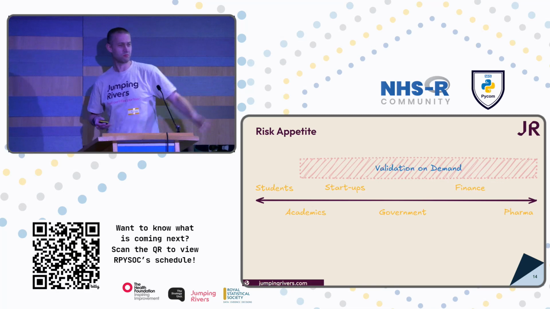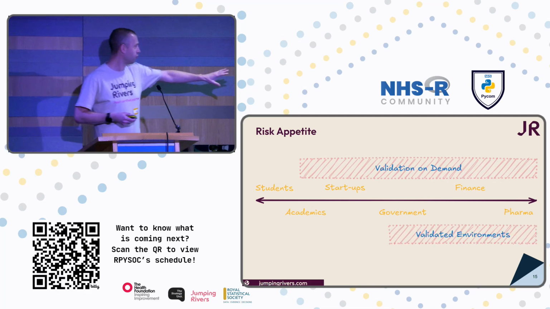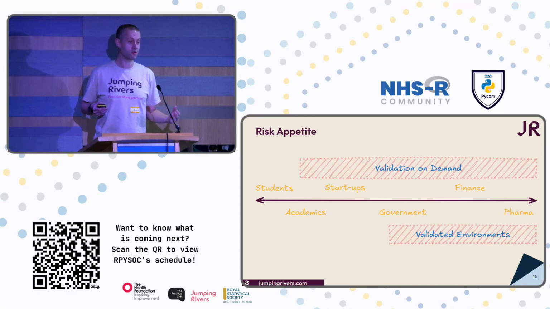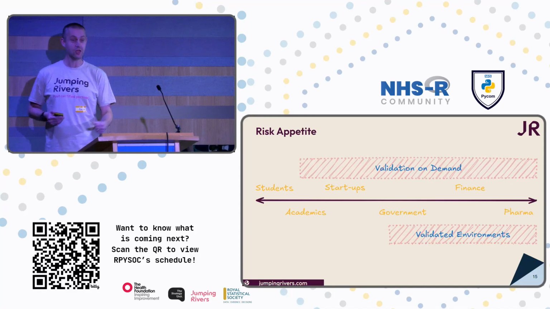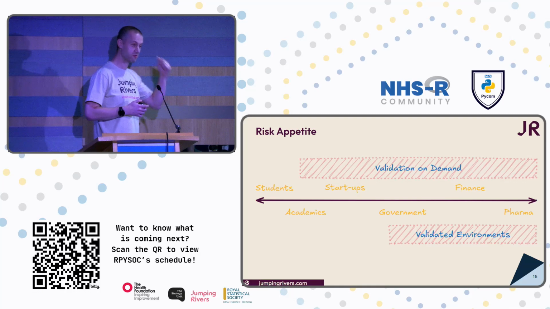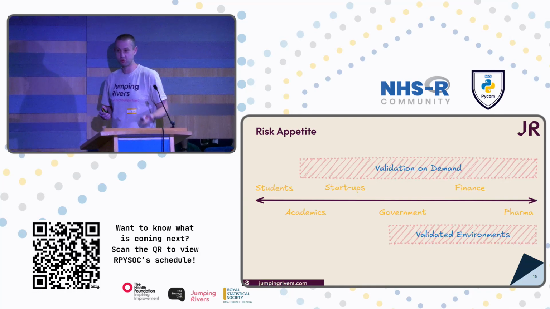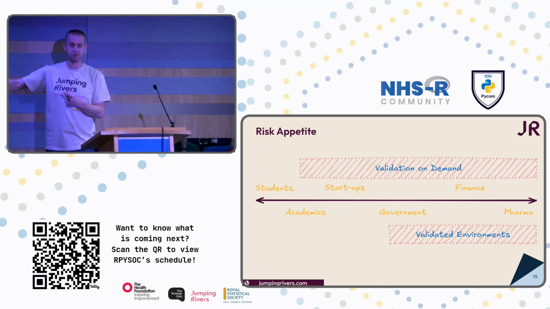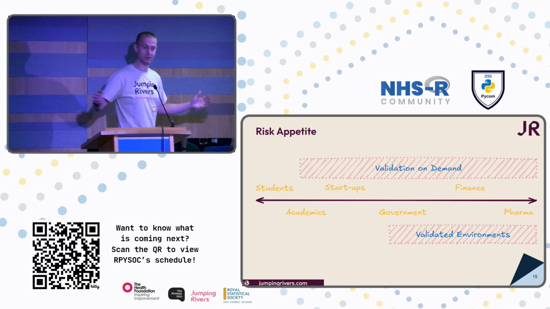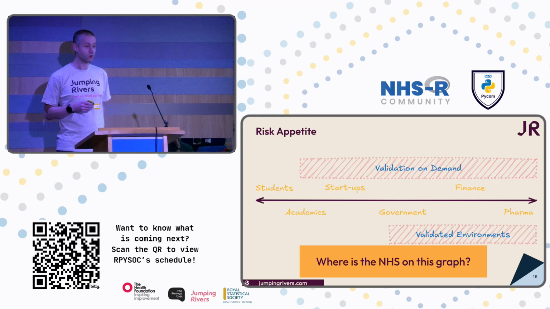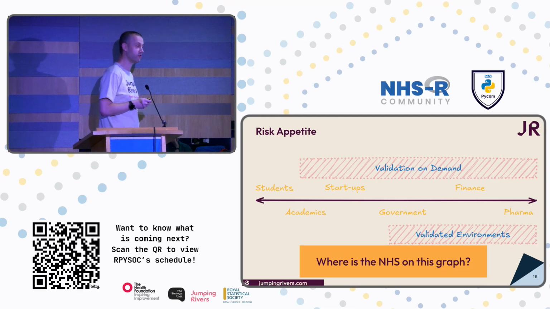And if you're really on the extreme, you're also talking about validated environments. So it's not good enough to say dplyr version 1.5 is great. You have to say dplyr version 1.5 on Ubuntu 22.04, when I ran it in this cloud, the whole shebang. Be really precise.